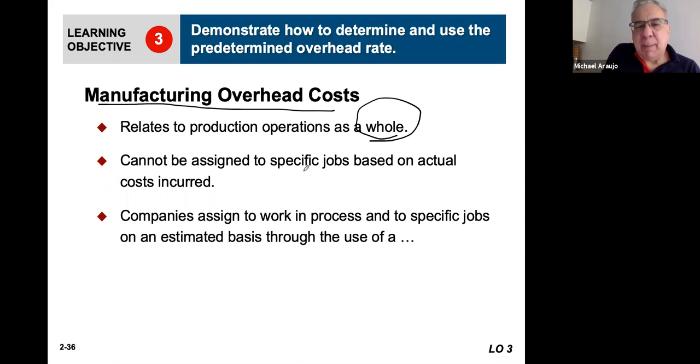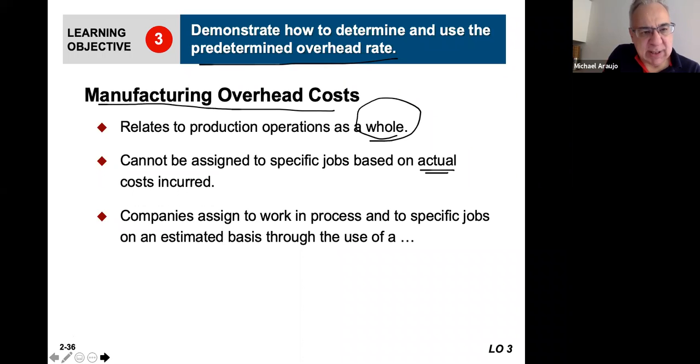So again, manufacturing overhead is a little bit of a different animal because we can't assign it to specific jobs with any specificity, knowing actually what it costs. Instead, what we create is something called a predetermined overhead rate, and that's how we allocate manufacturing overhead costs to each of the jobs.